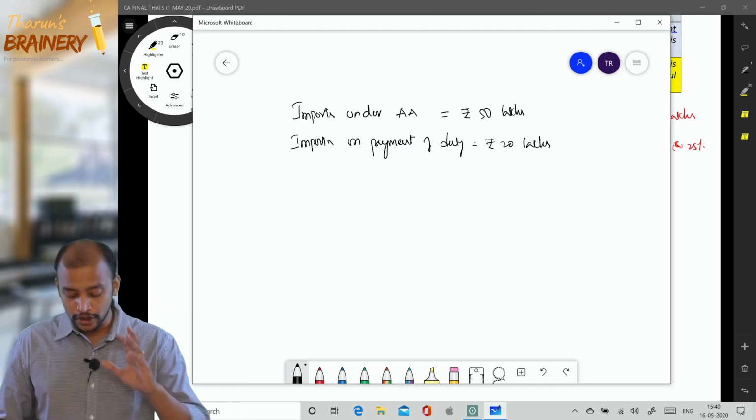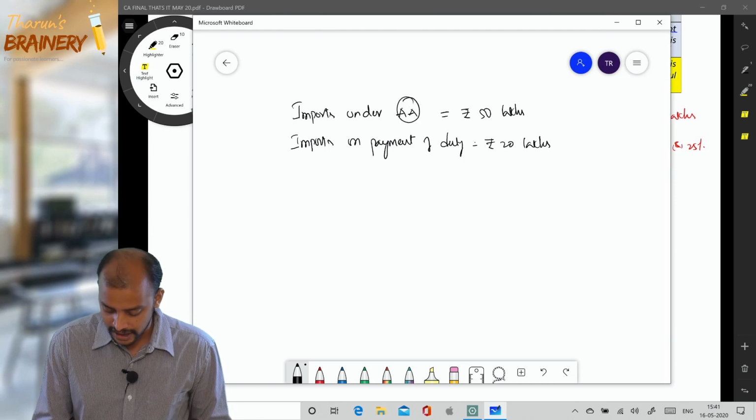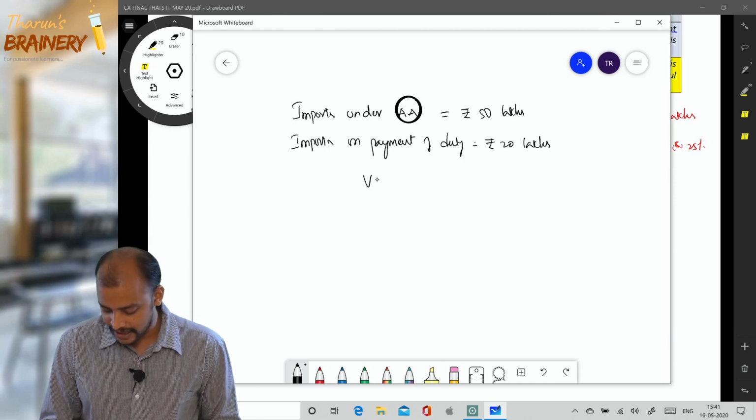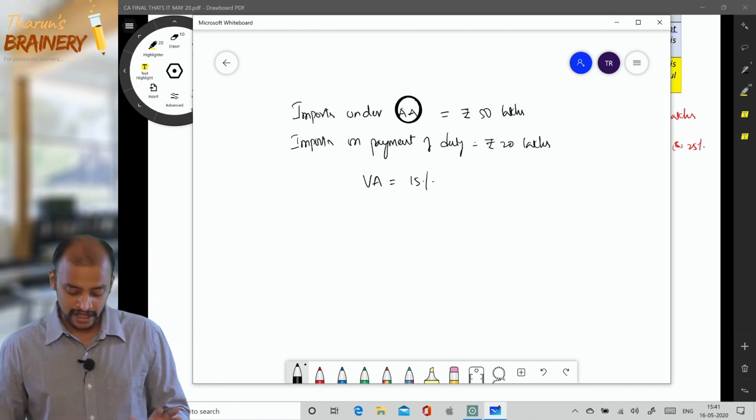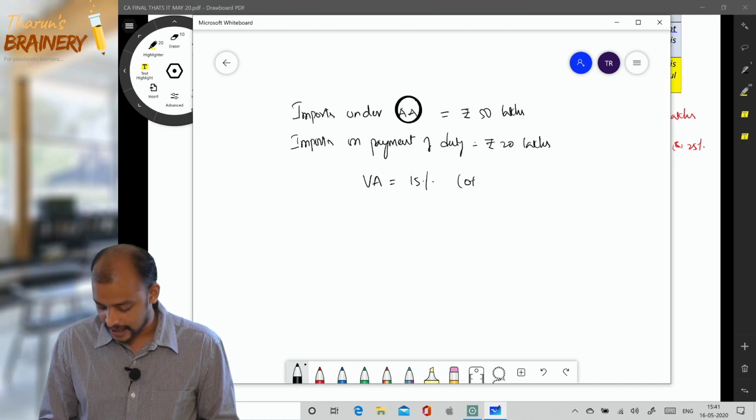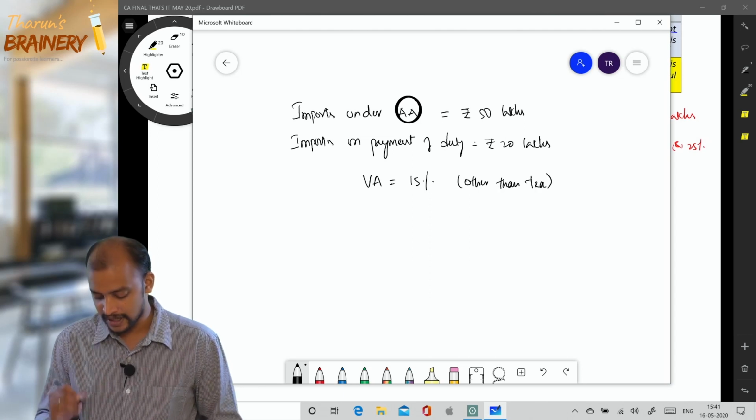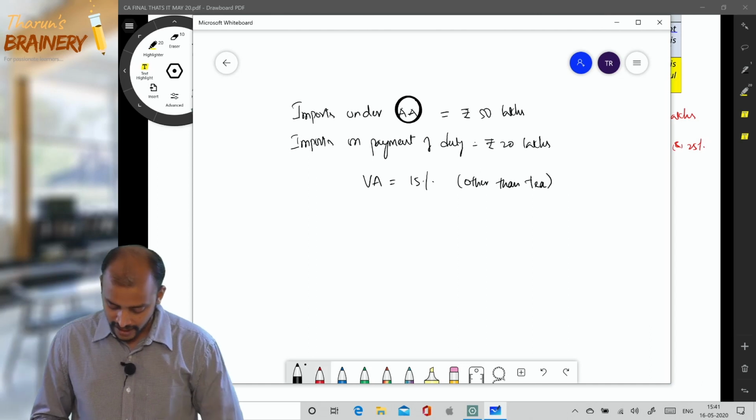Now, this is under advance authorization, so what should be the value addition? Value addition is 15%, assuming it is other than T. Then the value addition will be 15%. Now, what should be the export value?